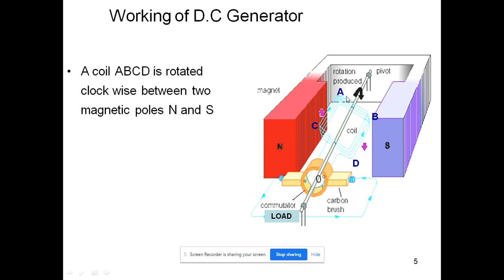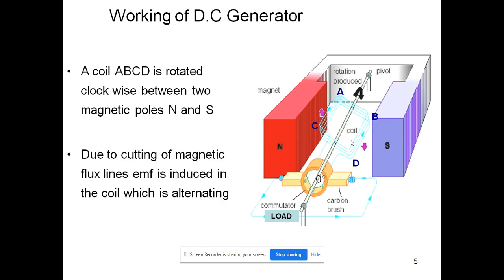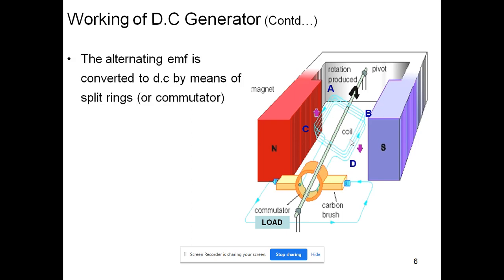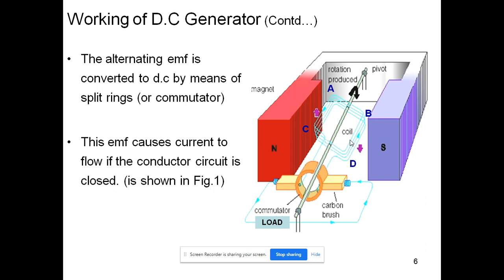When this coil is made to rotate in clockwise direction, then these conductors cut the magnetic flux, and this current will be alternating in nature. The device which converts AC into DC is the commutator.